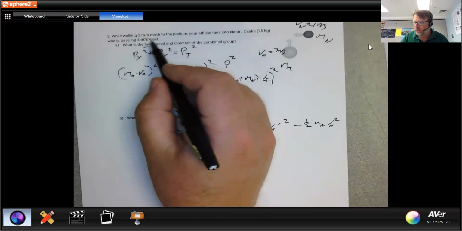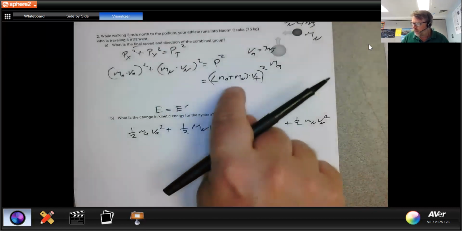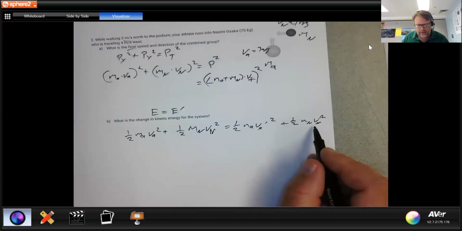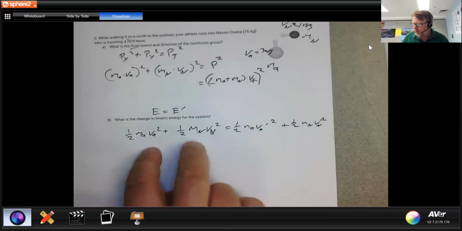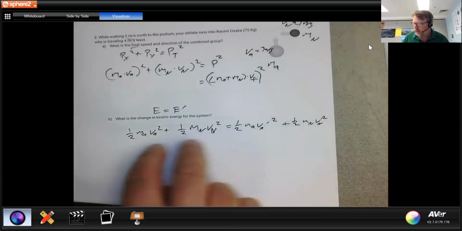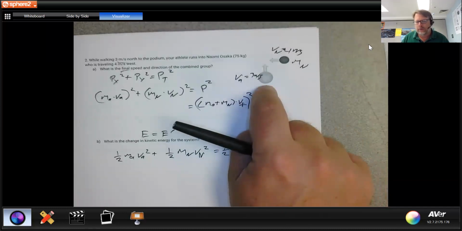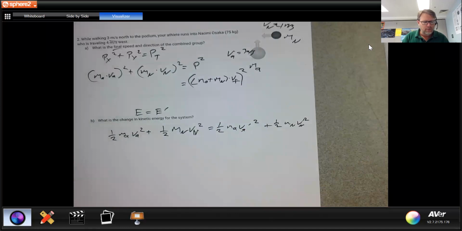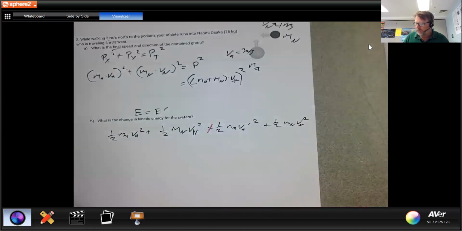Our initial velocities are still true, but our new velocity is going to plug in here. And here's the whole point. These two are not equal to each other. Why? This is not perfectly elastic.